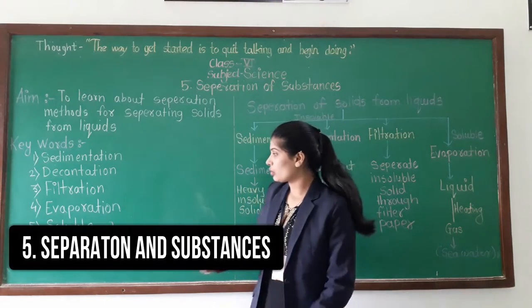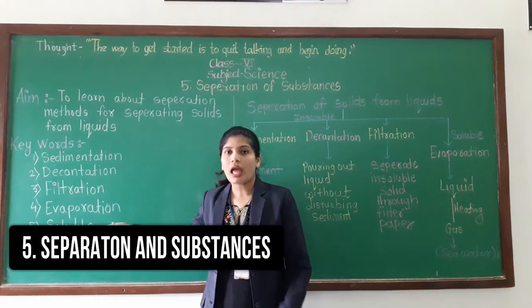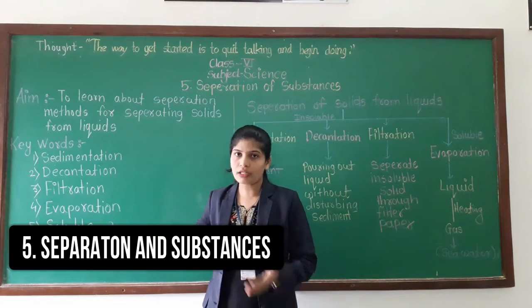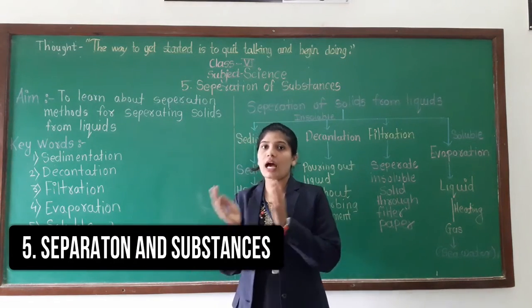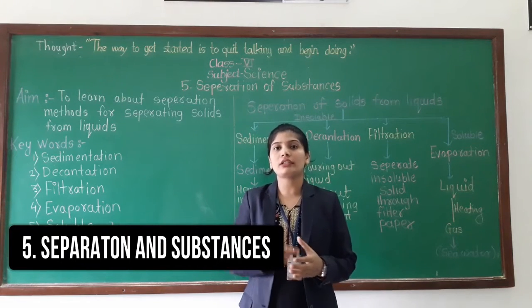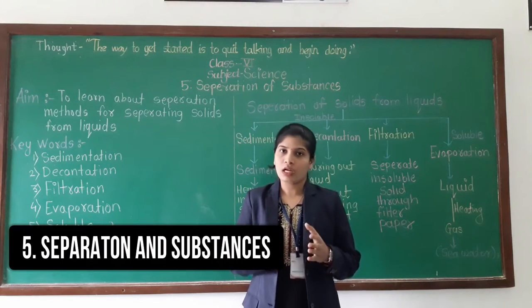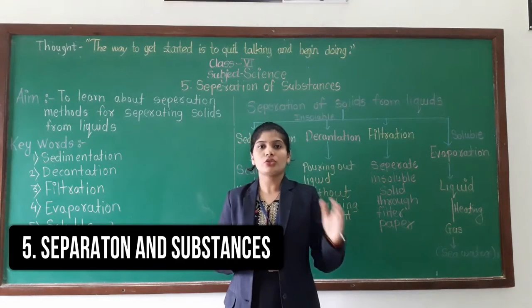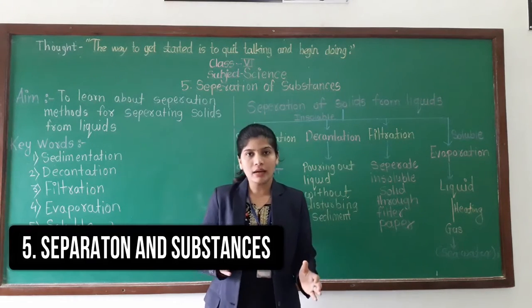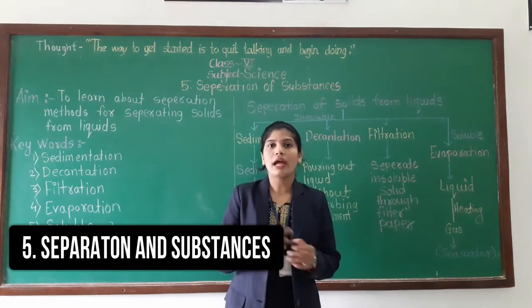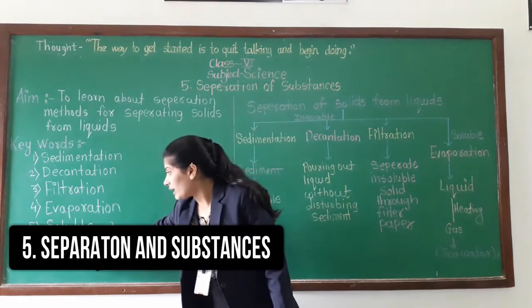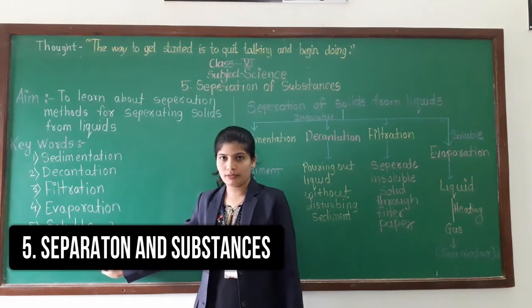That is known as soluble. Opposite to that, insoluble means the solid substances are not dissolving in water properly. Understood the difference? Sugar and salt are examples of soluble, and sand and stones are examples of insoluble.